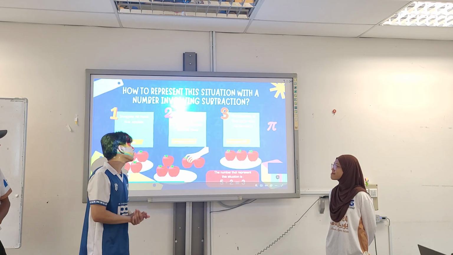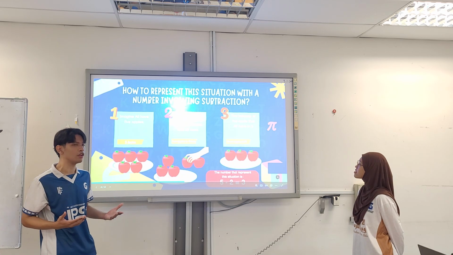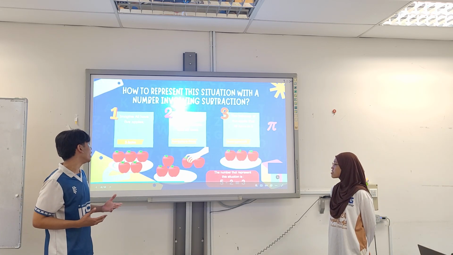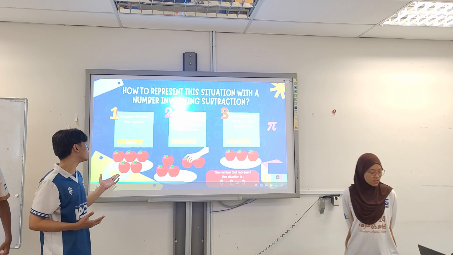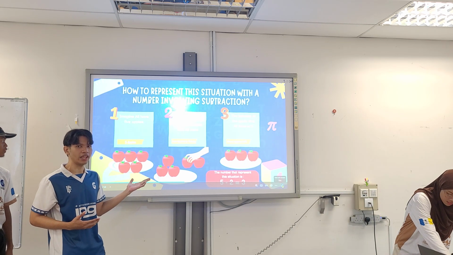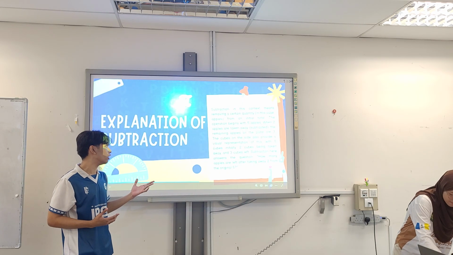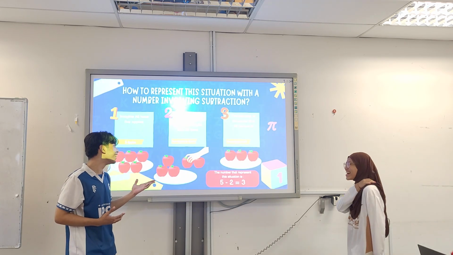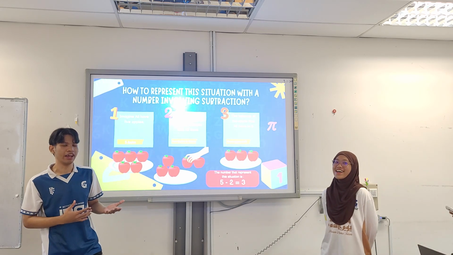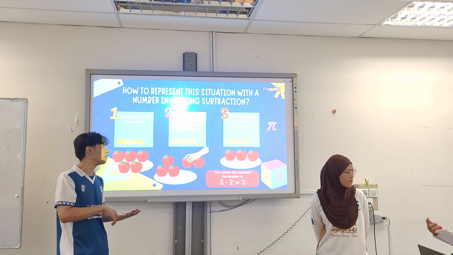Okay. So the next one is how to represent this situation with a number involving subtraction. So firstly, imagine Ali has 5 apples. Then his friend Abu wants to take 2 apples that Ali has. So we assume we have 5 apples, and then Abu takes 2 out of the 5 apples, right?